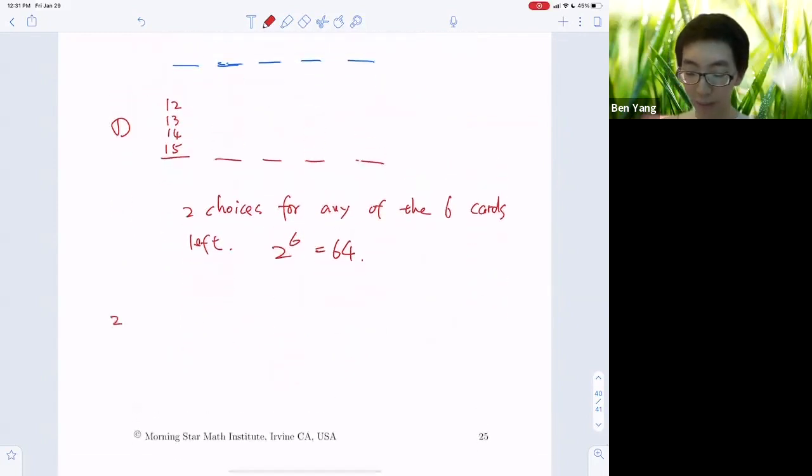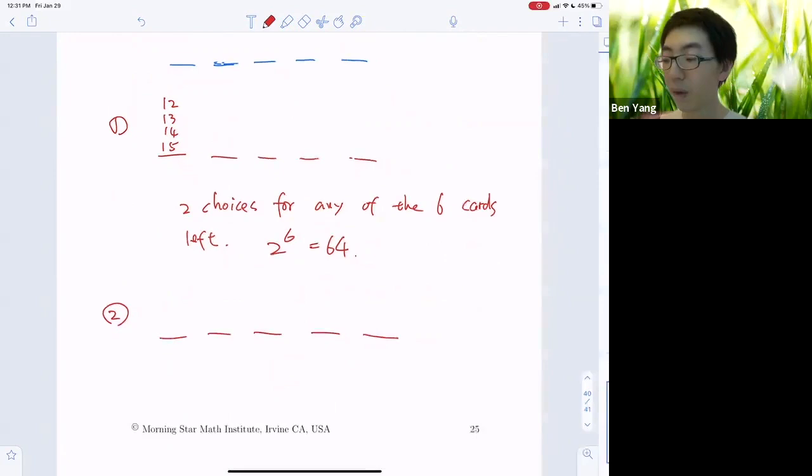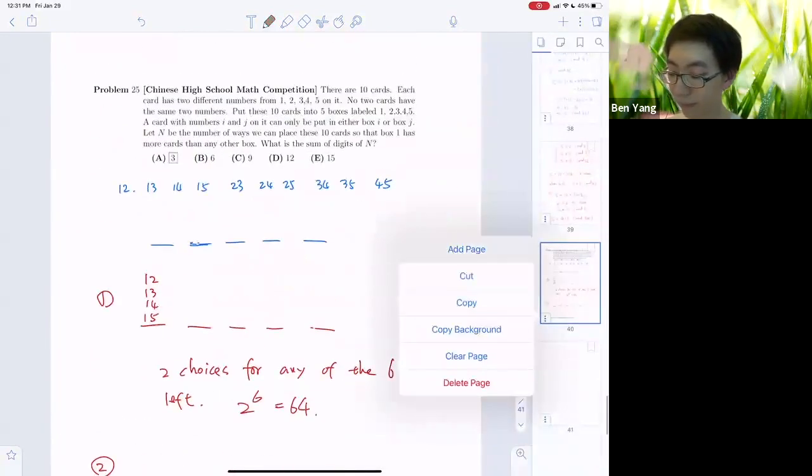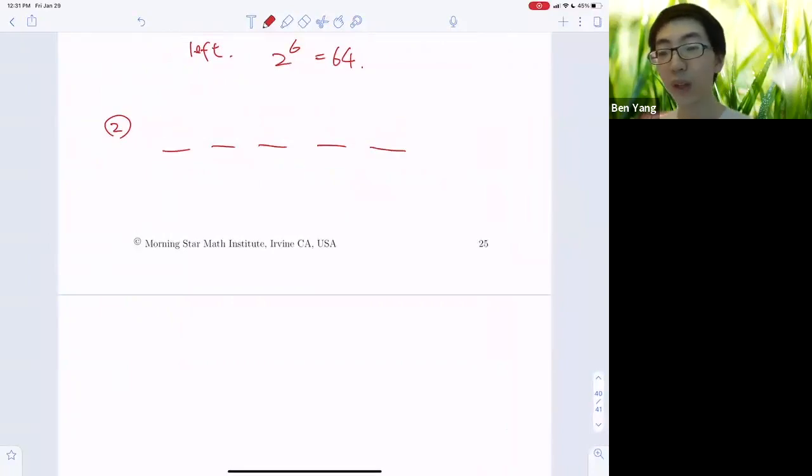Second case. For the second case, we're going to have 3 cards in box 1. So of course, the first question is which 3 cards, right? We have 4 cards with 1 on it, so we need to choose 3 to put into box 1.